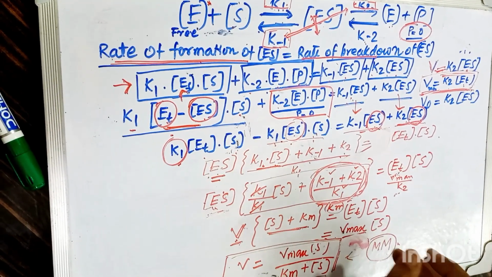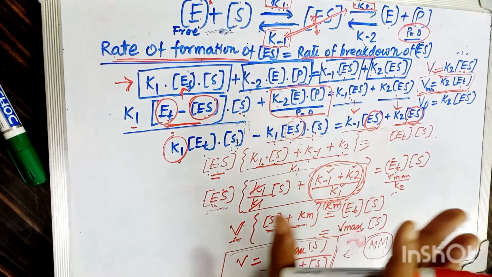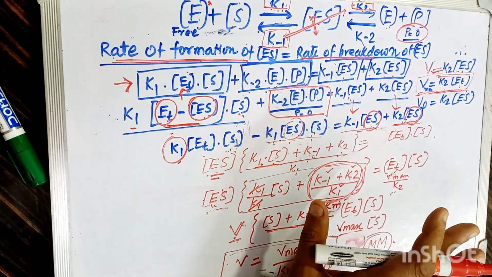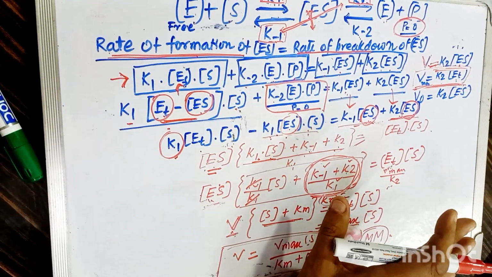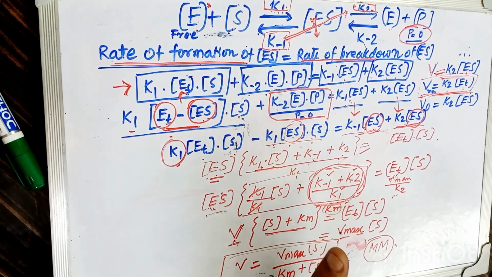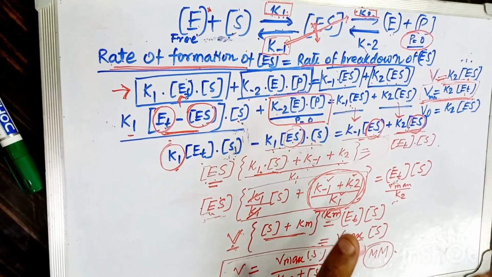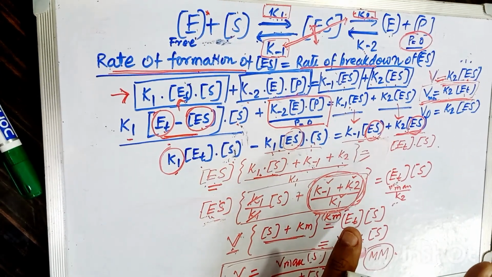The Michaelis Menten derivation, you have to know it by heart, you have to learn it by heart, practice it very thoroughly, and then go to my next class. I'll teach you about the different inhibitions of enzymatic reactions, the inhibitors, and how the inhibitors inhibit the enzymatic reactions.